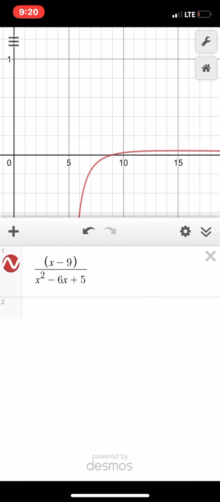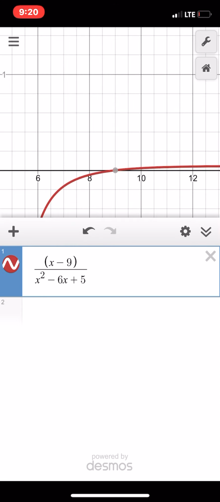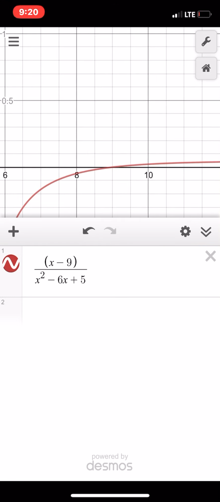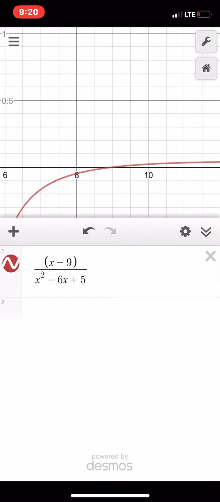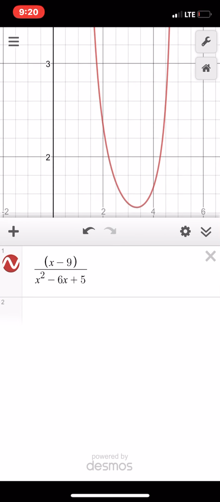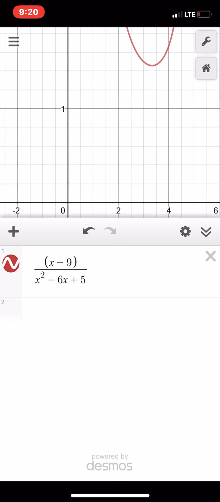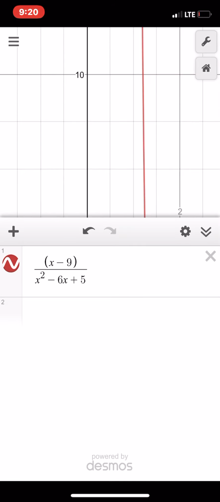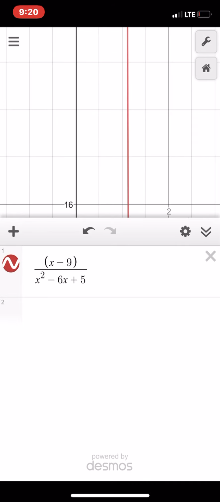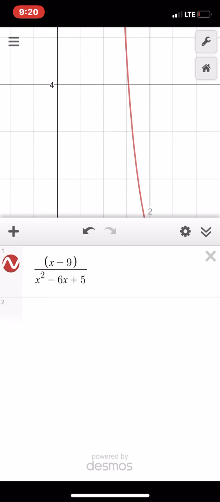Right here we have a point where it crosses the x-axis at 9, and then it goes on positively forever. So our first interval is 9 to infinity. Then our next interval is right here, where the graph stays above the axis until 1 and goes on forever, as you can see.